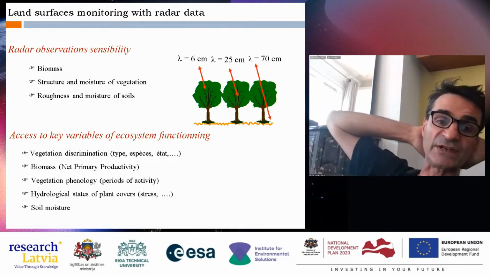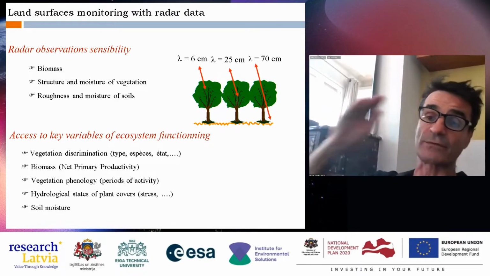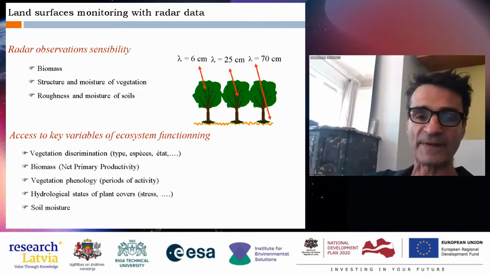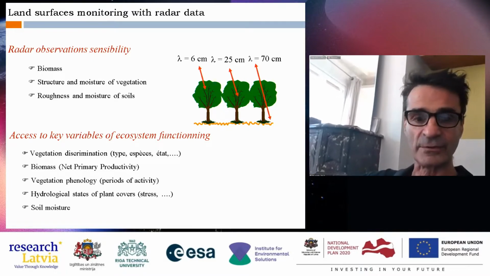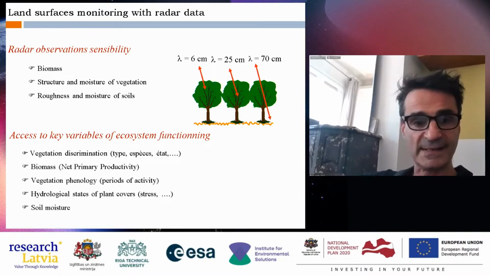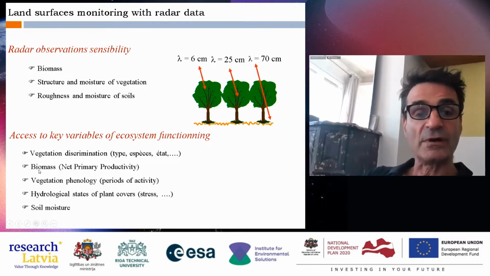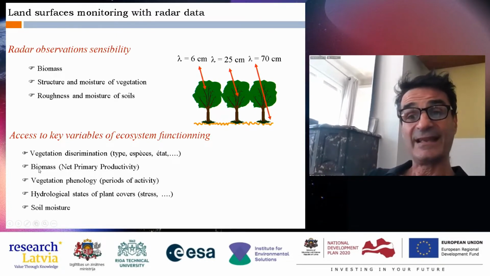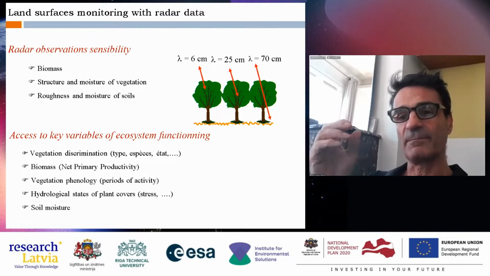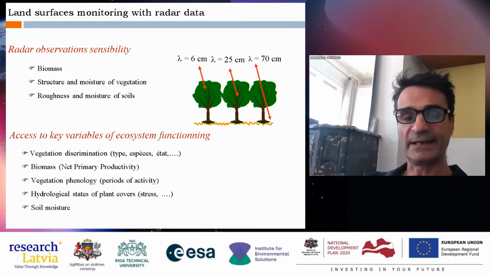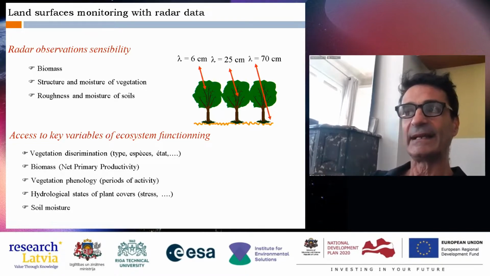First, vegetation discrimination, which was the purpose of the practical that we won't have time, I'm sorry, to complete. Also, an estimation of the biomass. And this is a direct link, because of the penetration depth, the radar is sensitive to biomass.